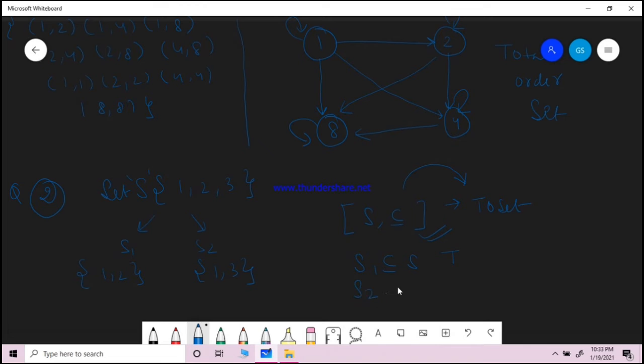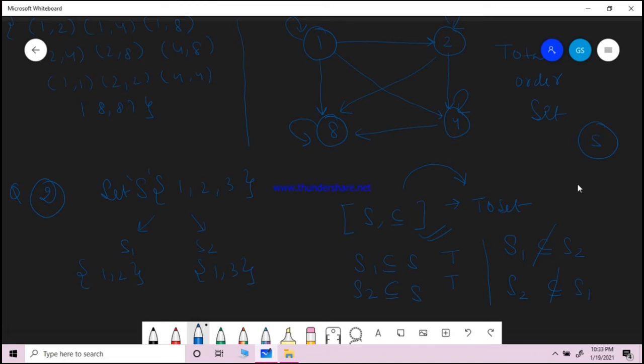S2 is a subset of S. Yes, this statement is also true. But if I'm taking it as a vertex and I'm saying that S1 is a subset of S2, this is not true. And S2 is not a subset of S1.